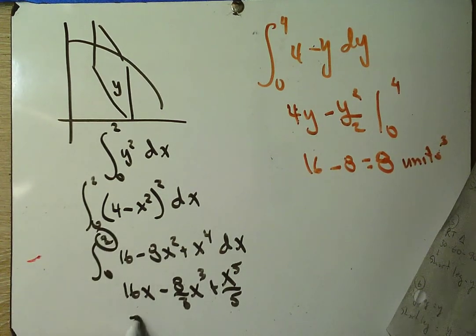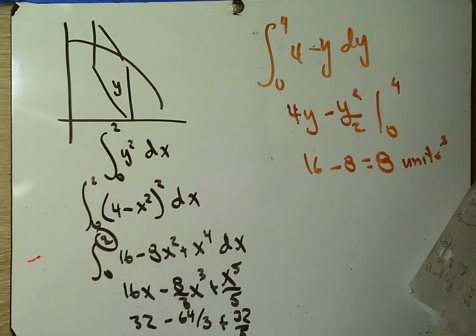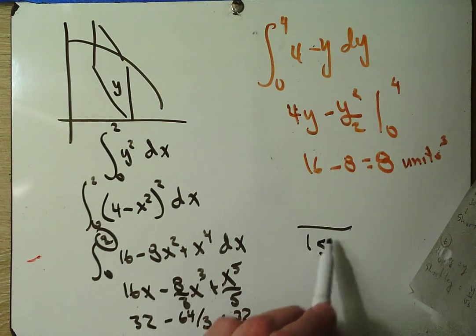So if I plug in a 2, I get 32. And if I plug in a 2, 2 to the 3rd is 8, 8 times 8 is 64 thirds. And if I plug in a 2, I get 32 fifths. Huh. So that's going to end up being 8, is it? Well, let's make a common denominator of 15ths.